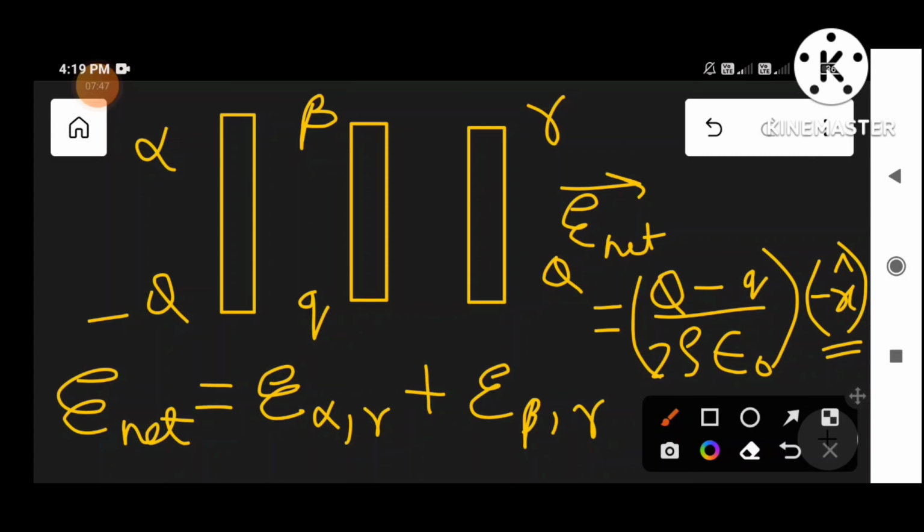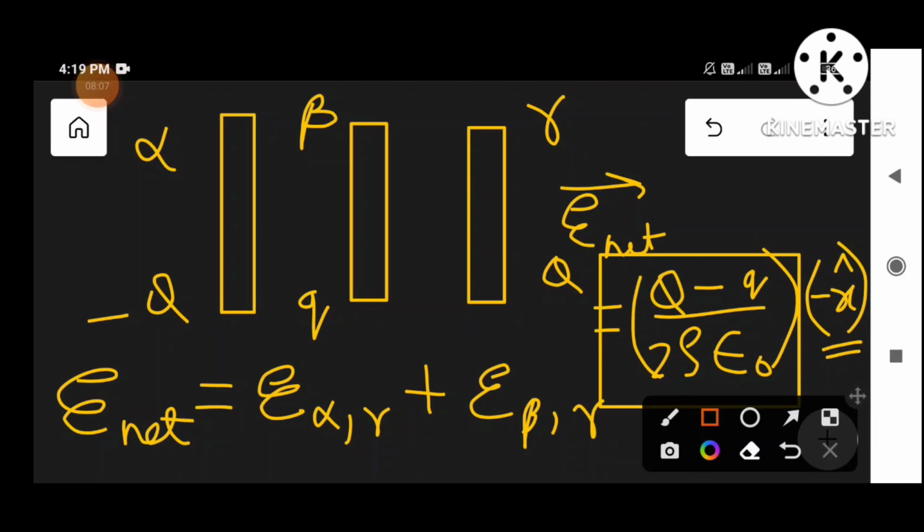Some of you may be wondering that it is quite non-intuitive that this thing is negative, right? Then how come we write capital Q minus small q? It is because we are writing the magnitude part.